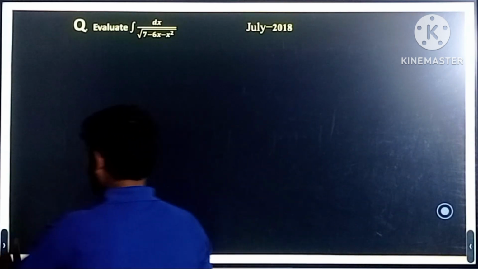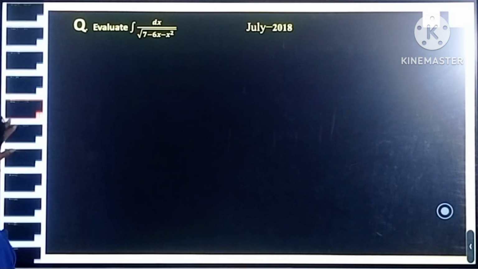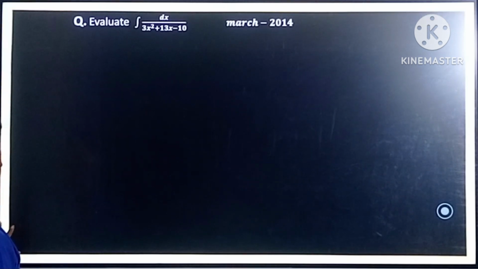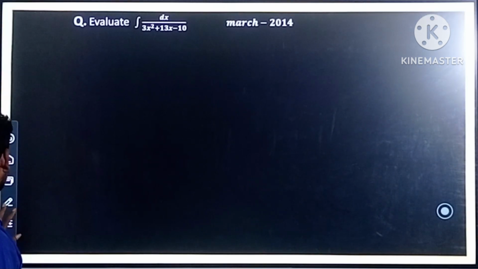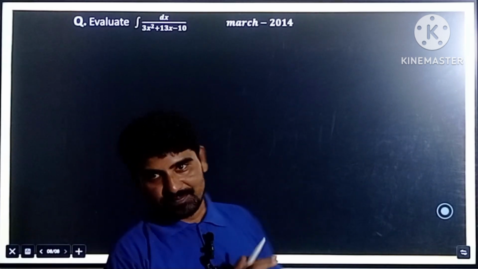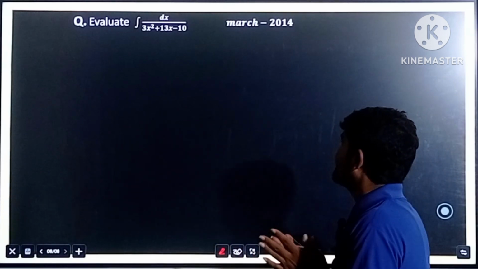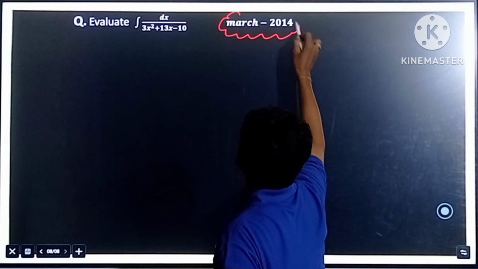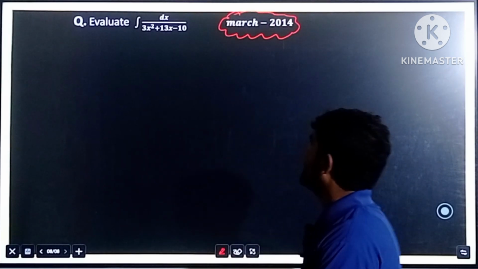And the next question is, evaluate integration of dx divided by 3x square plus 13x minus 10. This question was asked in March 2014.